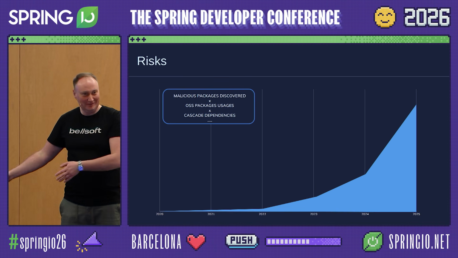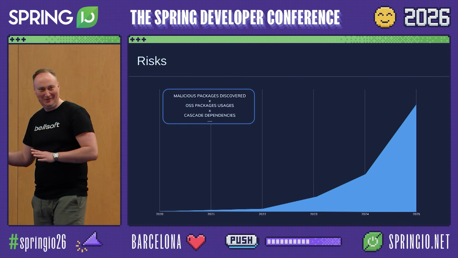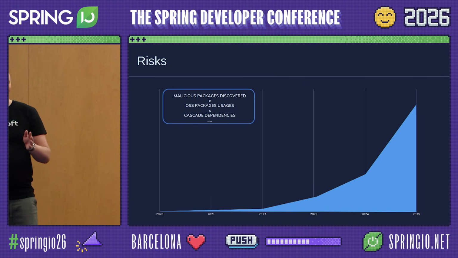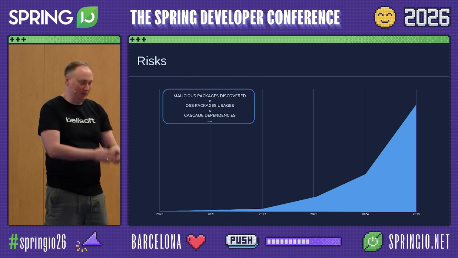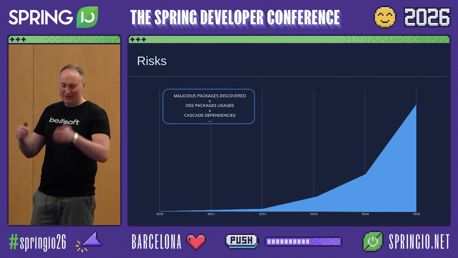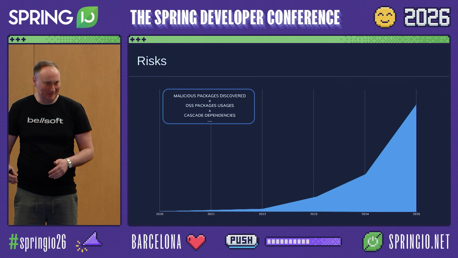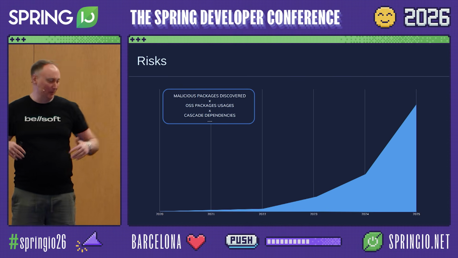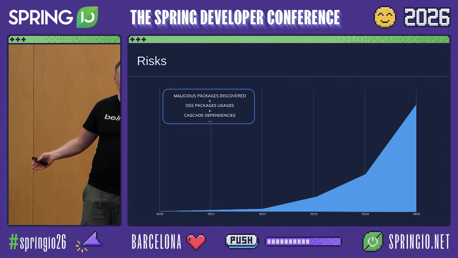It grows, and it grows rapidly, like it's sketched here. So the number of artifacts existing, the number of artifacts being downloaded, the number of vulnerabilities discovered, the percentage of vulnerable versions of some artifact, or presence of vulnerable versions, etc. That's all growing.